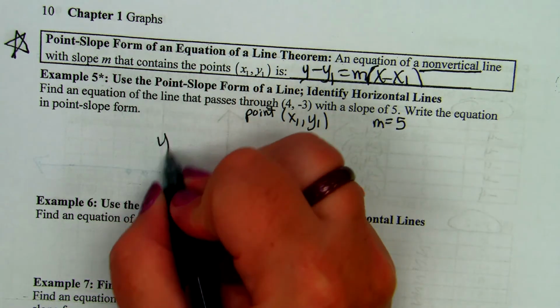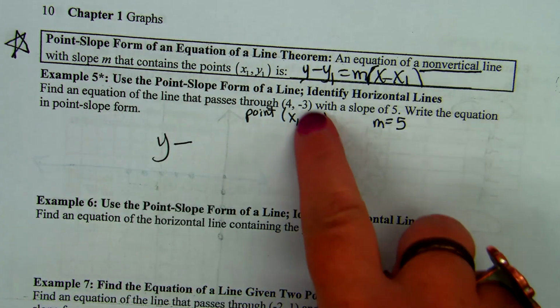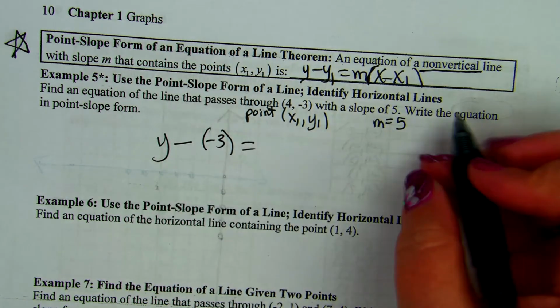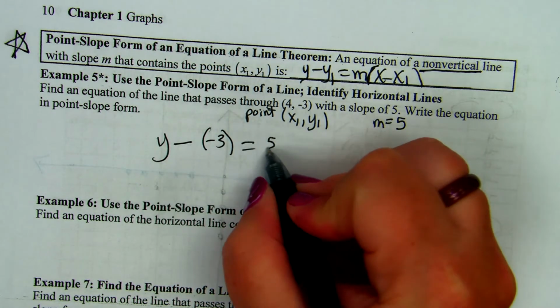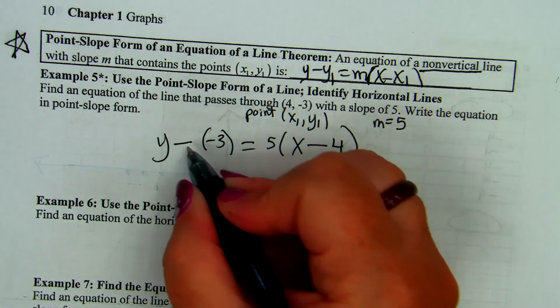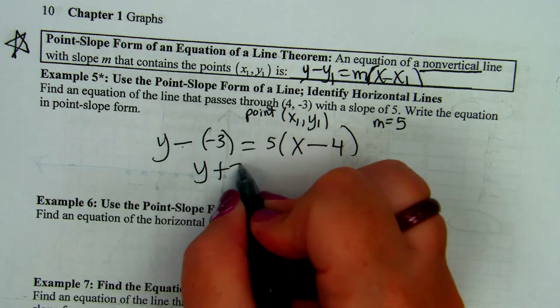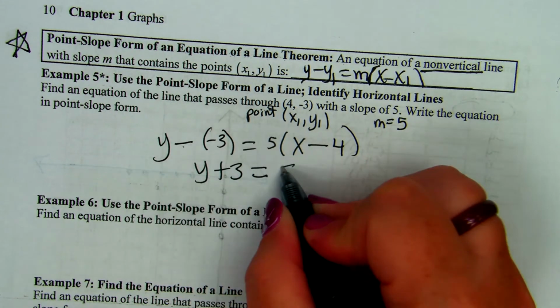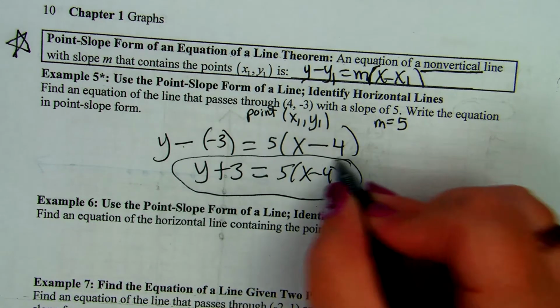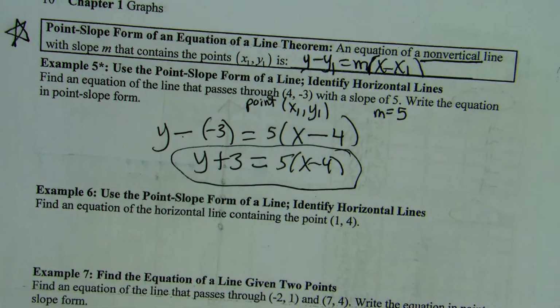So we do y minus y1, which is negative 3, equals the slope, which is 5, times x minus x1, which is 4. Minus and minus is a plus. So there's the point slope form equation. That's how easy it is.